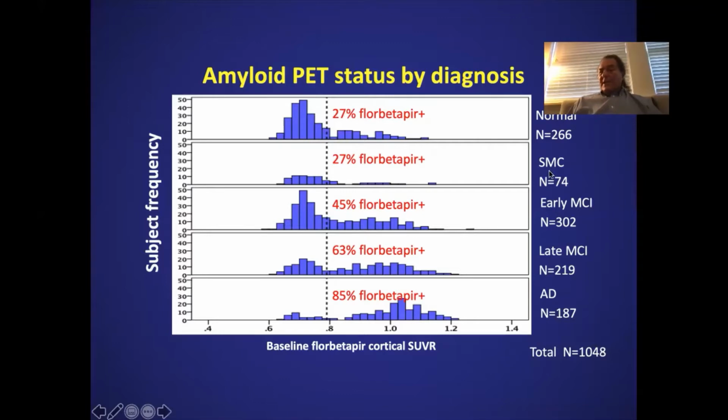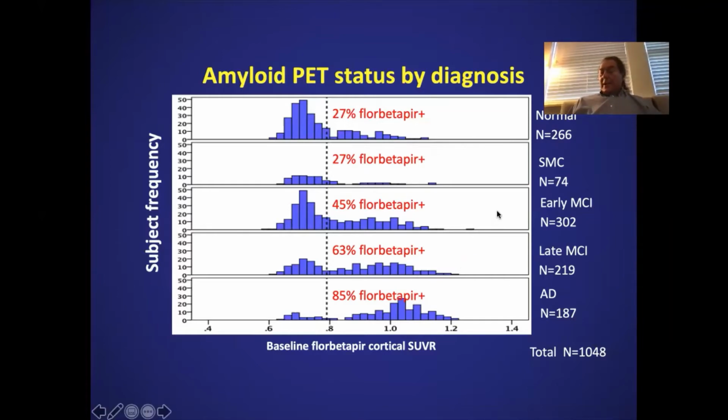The people with subjective memory complaints, it's a small number. They don't seem to have increased amounts of amyloid in their brains. We broke down mild cognitive impairment to early MCI and late MCI, just depending on the severity of the cognitive impairment, using a paragraph recall to measure memory cognition.